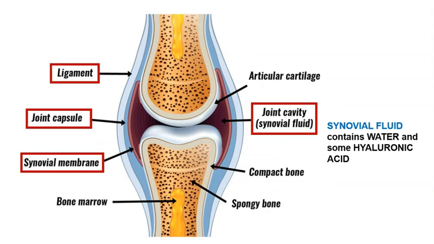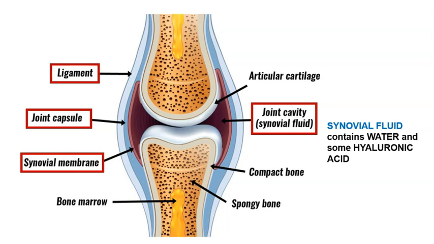The synovial joint capsule, which is also called the articular capsule, is composed of two layers, the joint capsule layer and then the synovial membrane. The joint capsule is typically composed of a dense irregular connective tissue, while the synovial membrane secretes the synovial fluid that will fill the joint cavity.